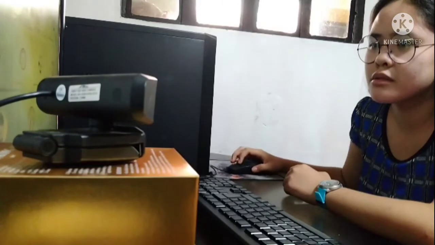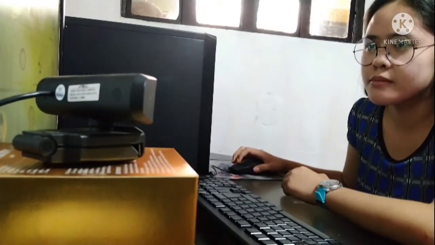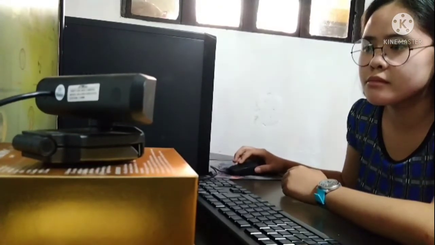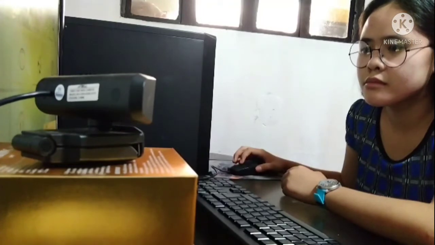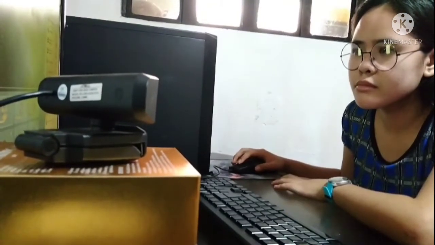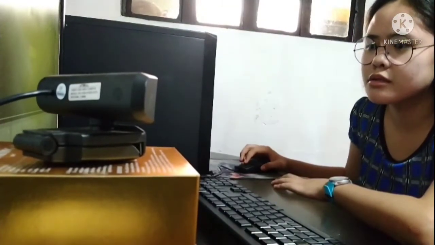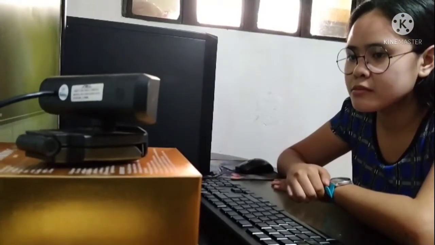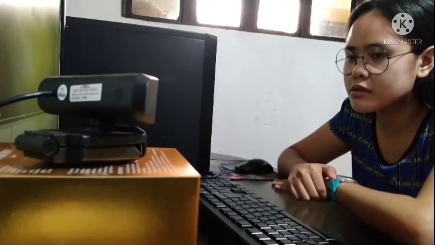Ano kaya yun? Kasi imposible naman na hindi sila makapasok. Kung hindi hinihingi yung PIN, baka mahina yung kanilang signal.